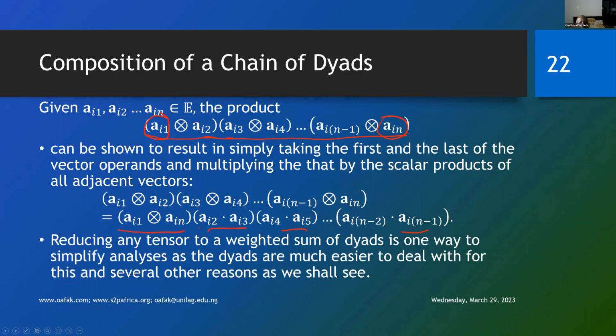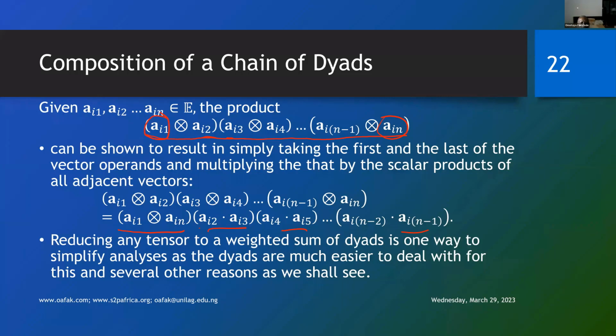So suppose I therefore have a_i1 ⊗ a_i2, a_i3 ⊗ a_i4, a_i5 ⊗ a_i6, all along until I get to a_i(N-1) ⊗ a_iN. If I have this very long chain, we can get the composition of the entire long chain.